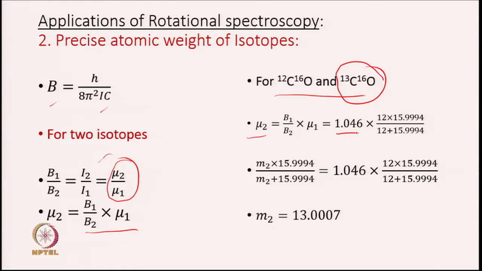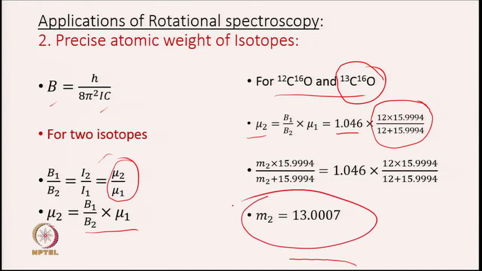This is obtained from the rotational spectra of 12C 16O and 13C 16O. So, this is 1.046, and then this is the reduced mass of 12C 16O. If you put this in the equation, you can get the accurate mass of 13C, and that is 13.0007.